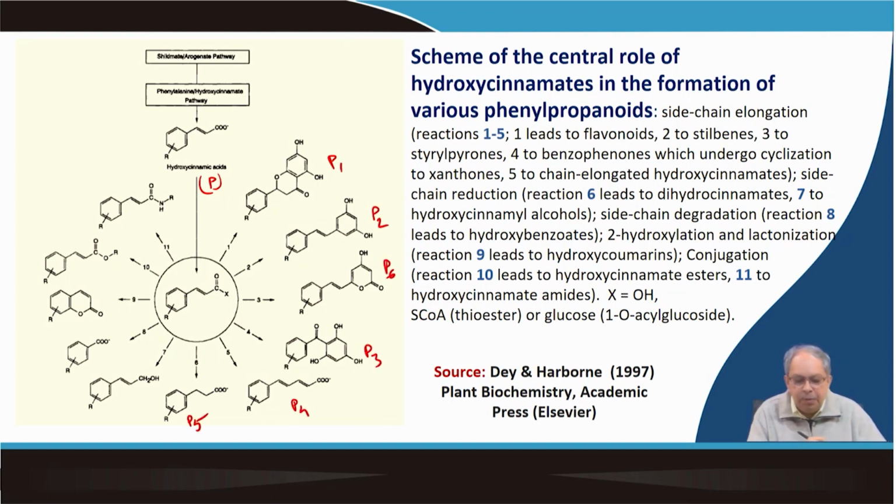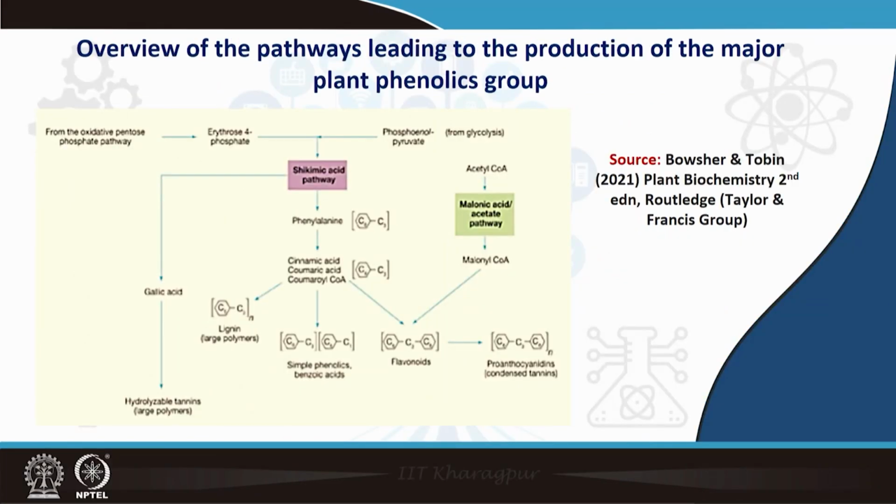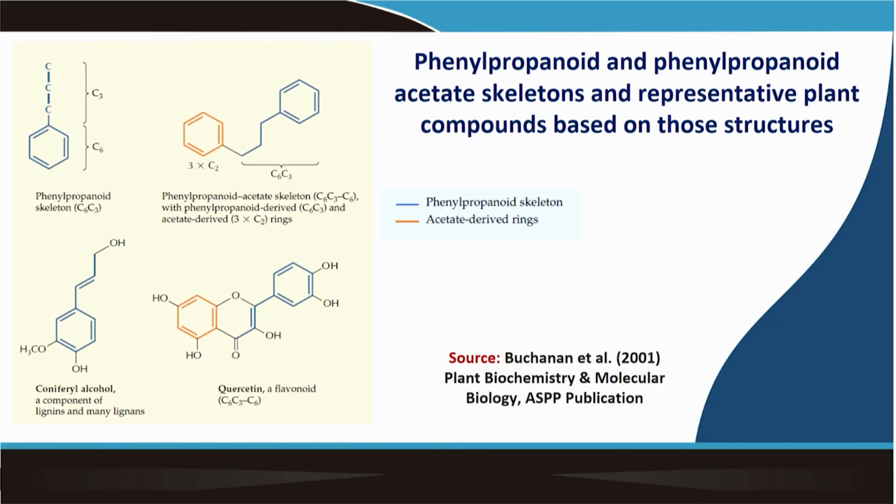That means these may be different transformations which include hydroxylation, methylation, glucosylation, chain cleavage, and many more. This is again an overview which I gave in the previous class. So, now come to here.